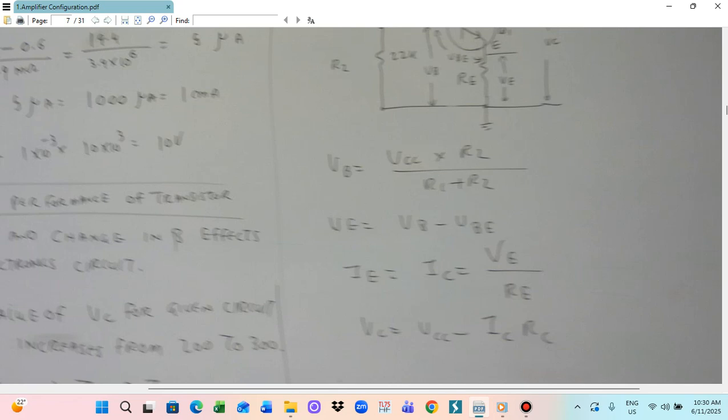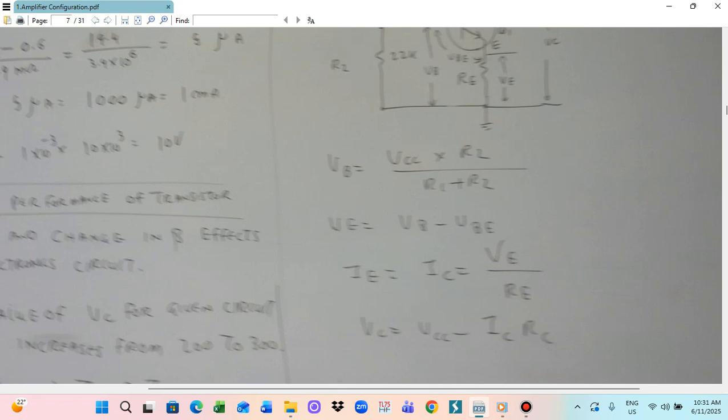VB is equal to VCC multiplied by R2 divided by R1 plus R2. VE is equal to VB minus VBE. IE equal to IC is equal to VE by RE. And VC is equal to VCC minus IC RC. So those are the formulas to be utilized for the potential divider biasing problem.